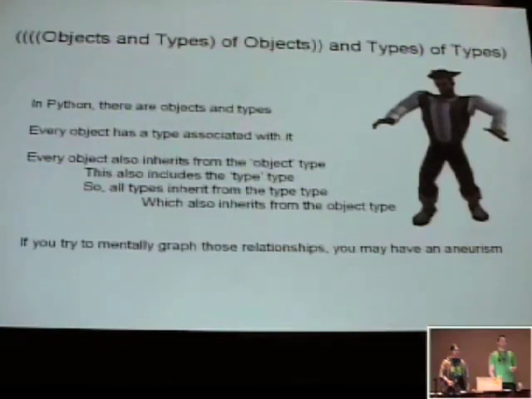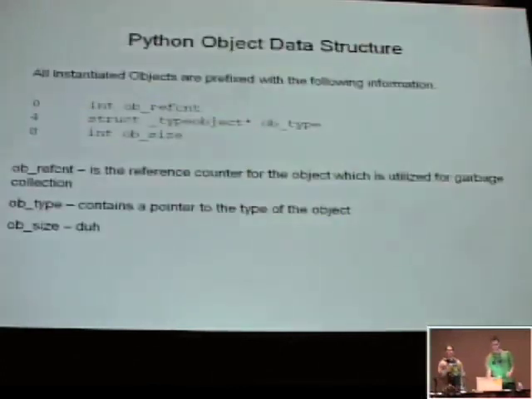A type of an object is also a type, and its type is type. It inherits from base. Its base inheritance is from objects. So it's like this ridiculous cyclical relationship graph that, like I say there, you may have an aneurysm if you try to figure out. So just kind of say okay, and we're good, and we'll move on. But to be honest, we tried to make that slide really confusing. But that is actually how it's represented.